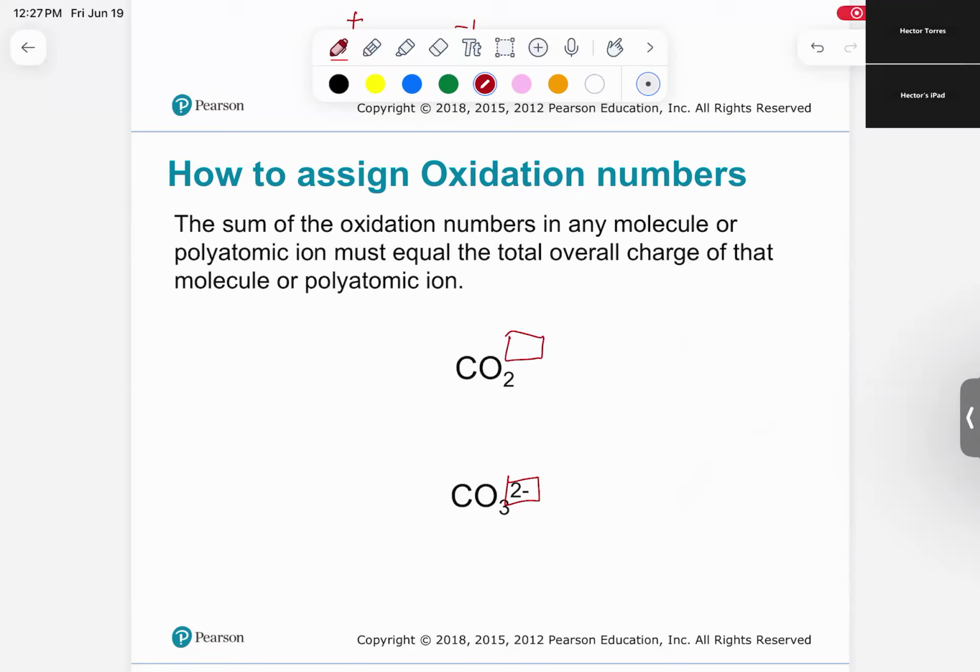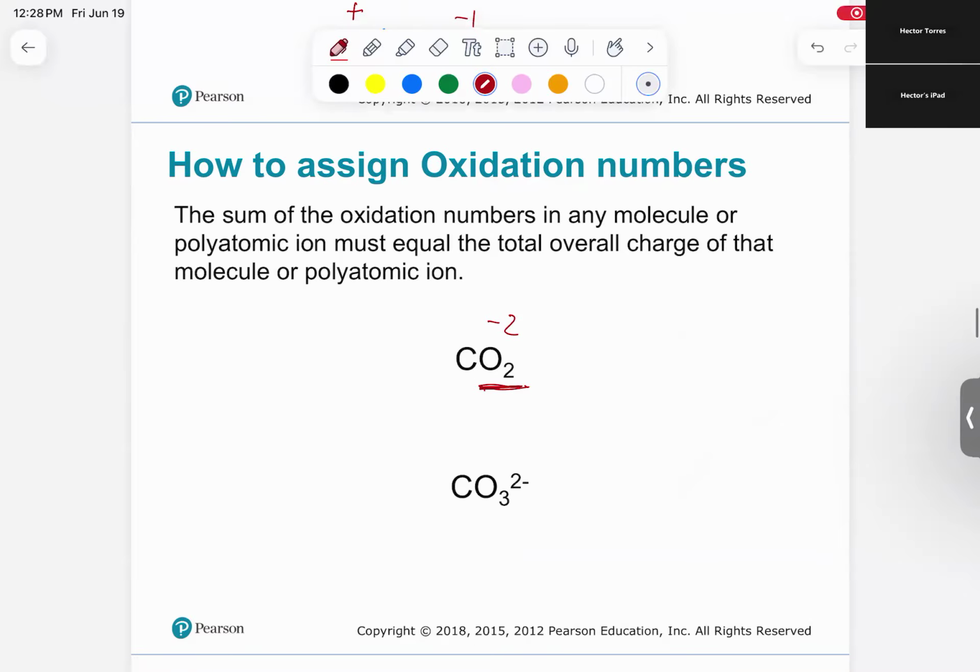On the first one, we see that there is no charge. It's actually neutral. So whatever we have in the end must have a neutral charge. Let's start assigning our oxidation numbers. For O2, oxygen is going to have that -2 charge. We can get that by looking at the periodic table. Now there's 2 of them, so don't forget that. Which means for carbon, we have to have a +4.